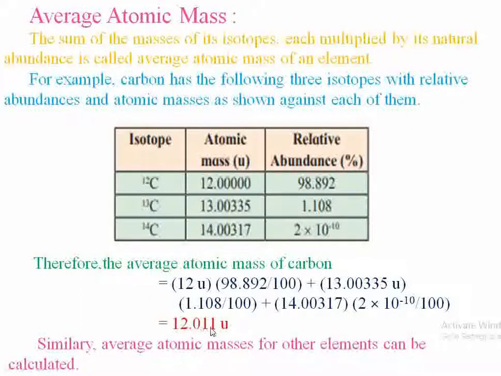And this 12.011 unified unit is the average atomic mass of the carbon atom, because there are three naturally occurring isotopes, and their isotopic atomic masses are multiplied by their natural abundances and averaged. This is the average atomic mass.